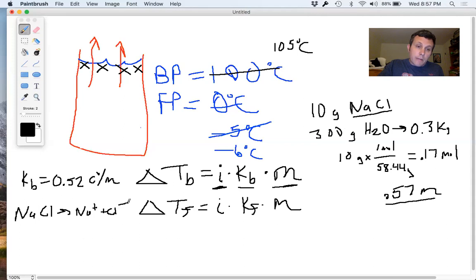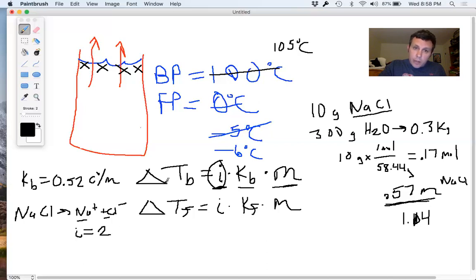So effectively, if you dissolve 0.57 molal of NaCl, you end up with twice as much dissolved substances. You end up with about 1.14 particles, because they're going to make Na+ and Cl-. So you can account for that with this thing called i. So if NaCl breaks into 2 particles, we say i equals 2.